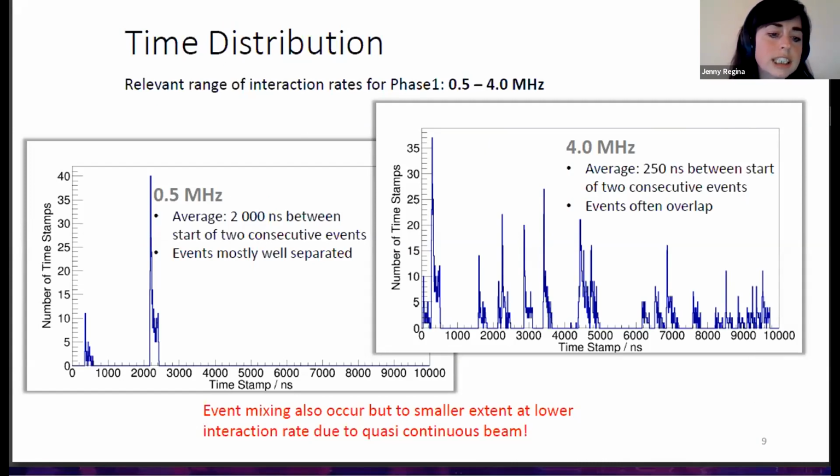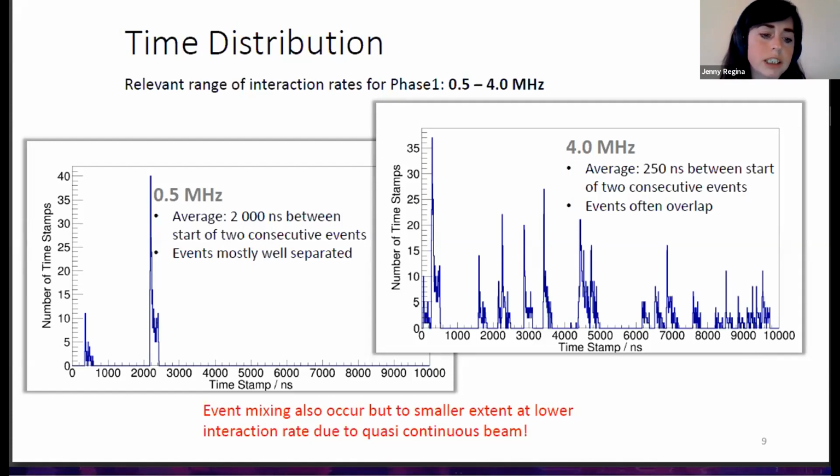And you can see that at the lower interaction rate the events are clearly separated. You basically don't have any overlapping between the events, but already at 4 megahertz the events start overlapping, so it can get quite tough disentangling these.